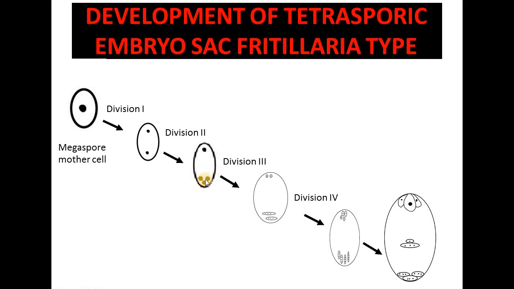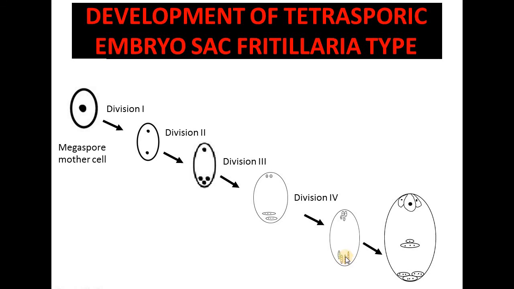From 1 triploid structure, 2 triploid structures like this. So this is 1 triploid and a second triploid. Now in the next mitotic division, these 2 haploid nuclei will form 4 nuclei like this, and these 2 triploid structures will form 4 triploid structures as a result of the next mitosis.